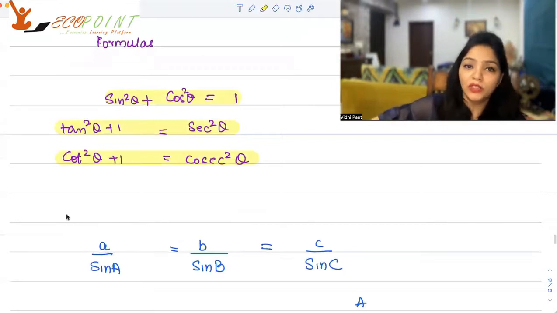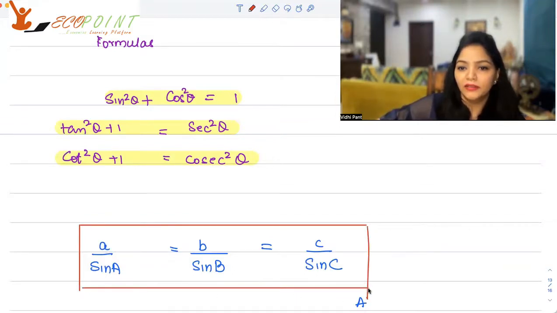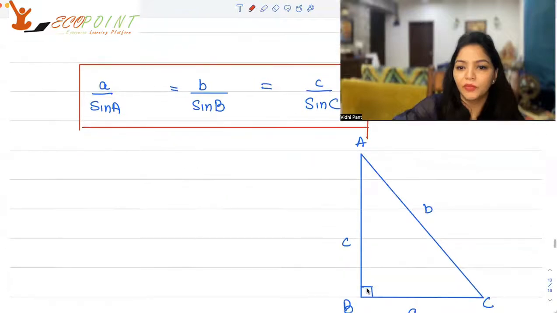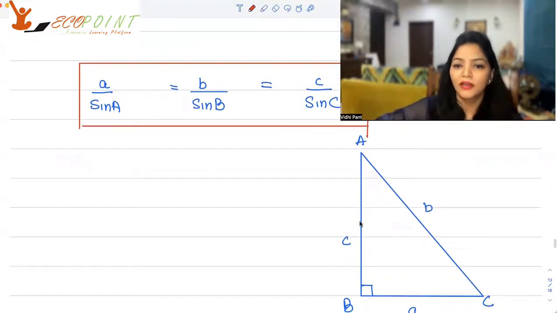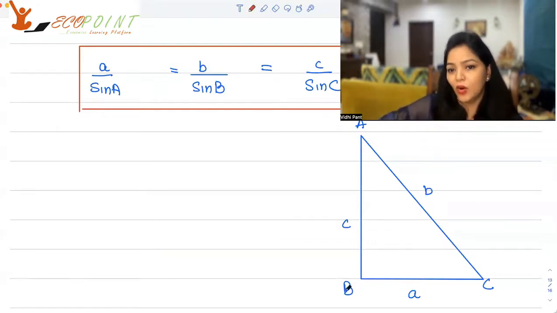Also, the ratio identity. Suppose you have a triangle like this, ABC triangle, and we will take the triangle sides as opposite to the angle.